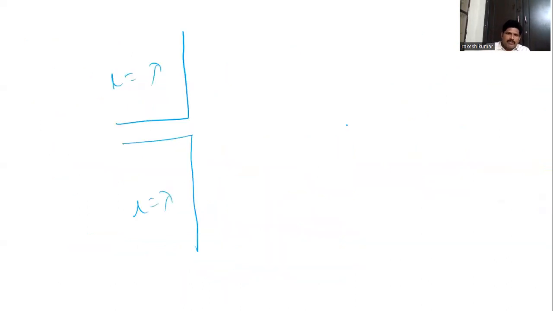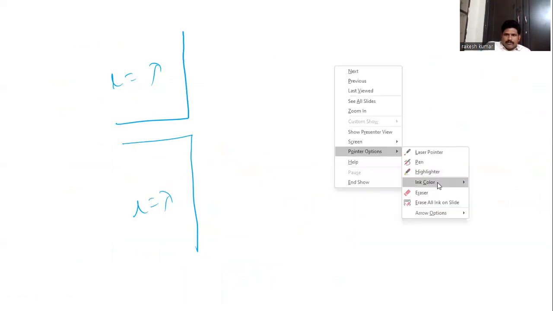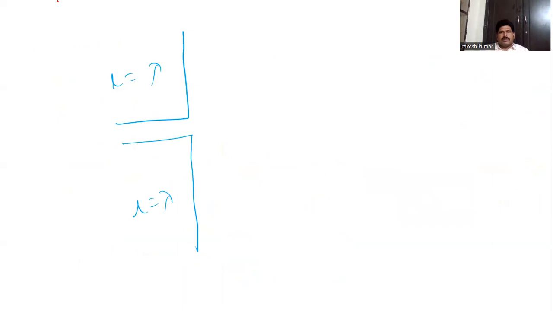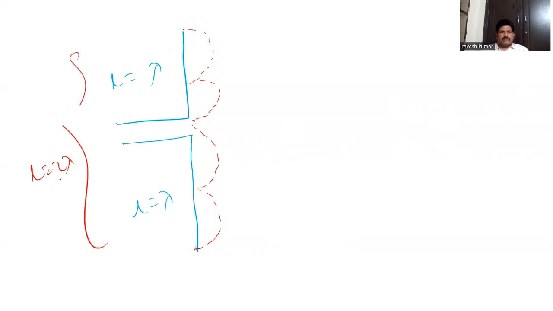Okay, so my radiation pattern will automatically look like this. This is for one complete one. So what is the total length? The total length is L is equal to 2 lambda.